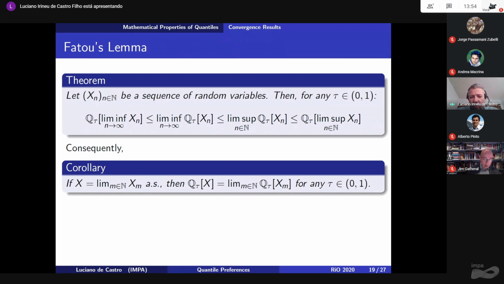As you know, Fatou's lemma is a powerful result, and for quantiles it gives us some interesting results. So, for instance, an implication of this is that if a sequence of variables converges almost surely to x, then the quantiles also converge, for all taus. So that's quite a useful result as well.